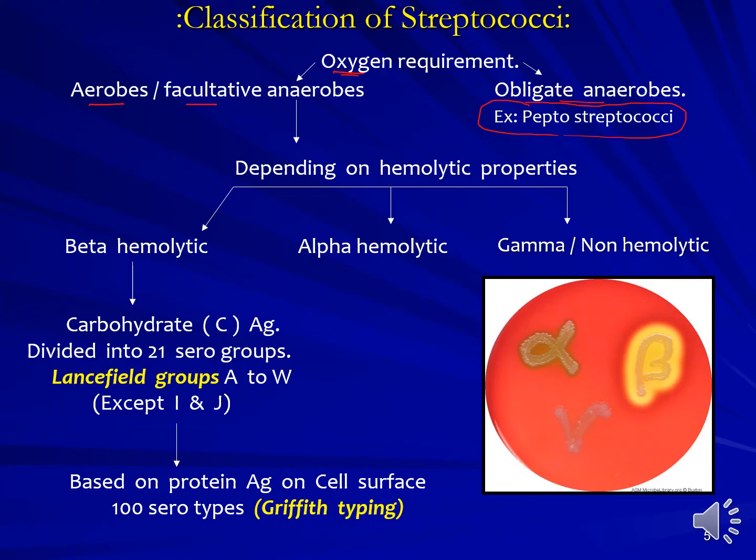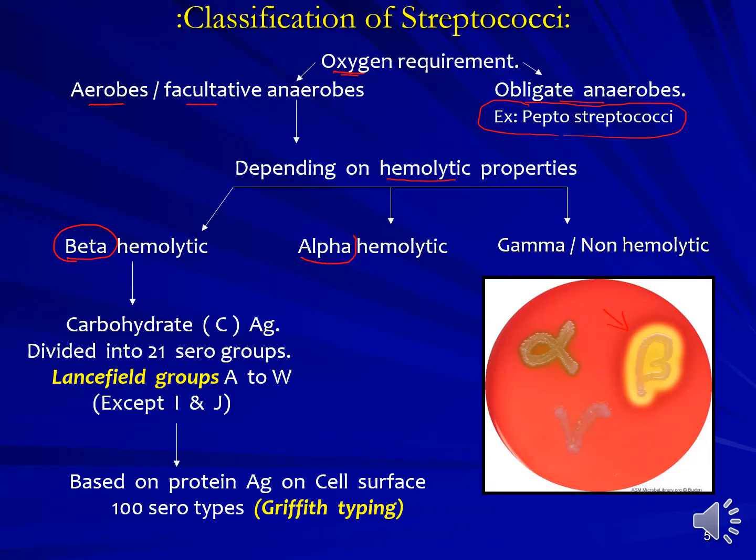Now, if you go to the classification of streptococci, depending on their hemolytic properties on blood agar, they can be considered beta hemolytic streptococci, where you can see a complete zone of hemolysis around the colonies growing on the blood agar medium.